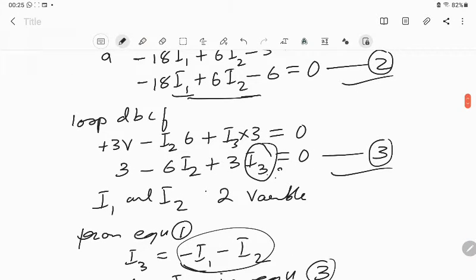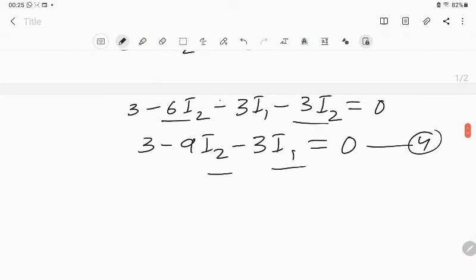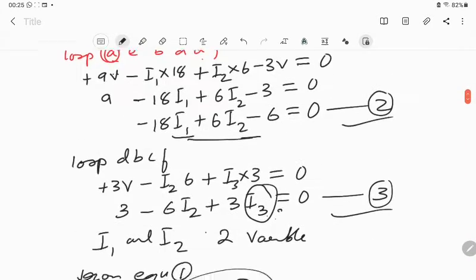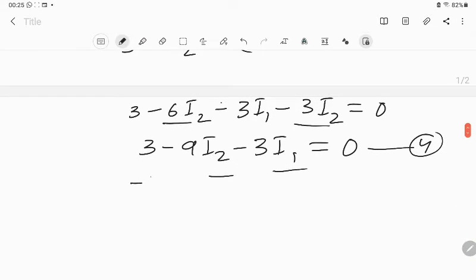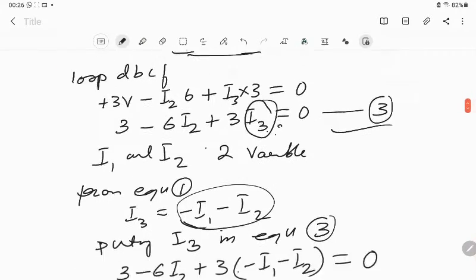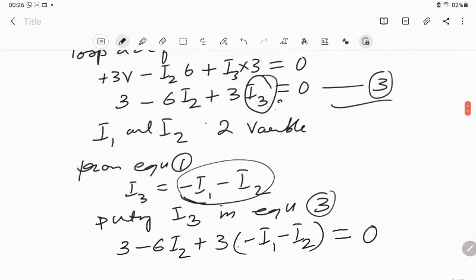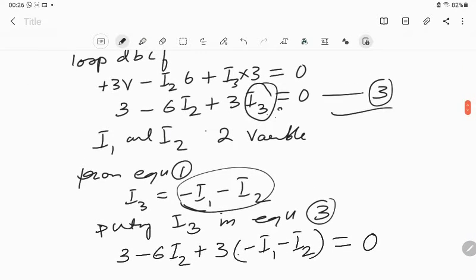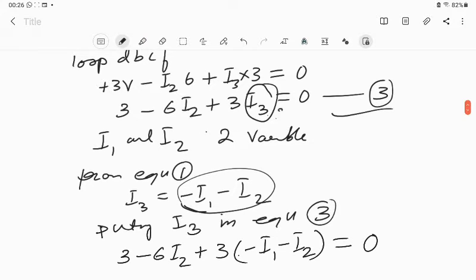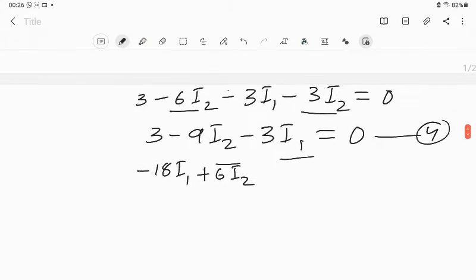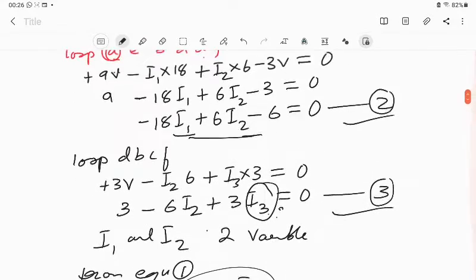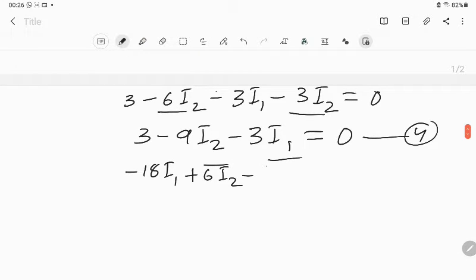Now from equation 2, I will write equation 2 here: minus 18I1 plus 6I2 minus 6 equal to 0. This is equation 2.